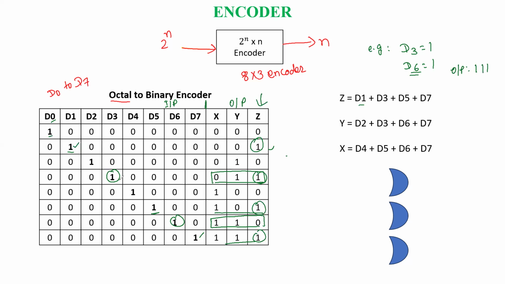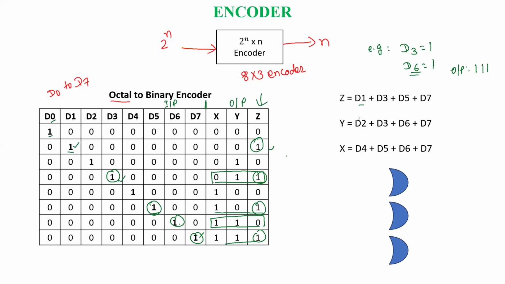Again, the corresponding input is D3, so D3 is written. Again, D5 we are going to write here. Last one, Z is 1 for D7. So like this we got Z equal to D1 plus D3 plus D5 plus D7.